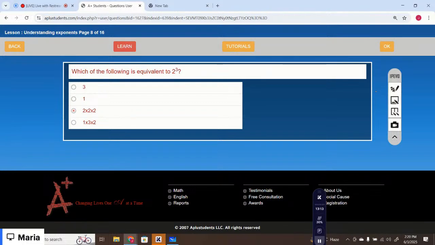Option number 3 is the correct option. That is 2 times 2 times 2. Option number 3 is correct.